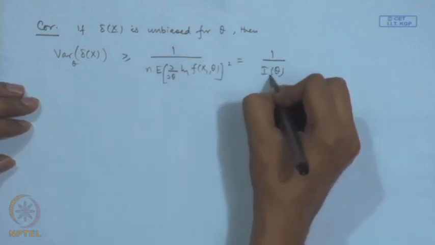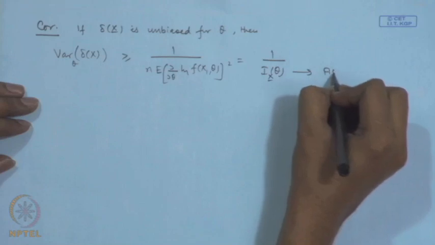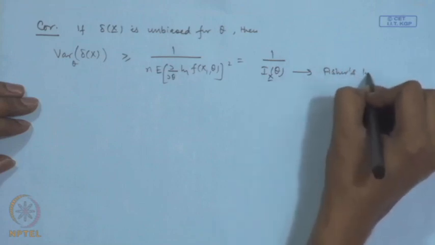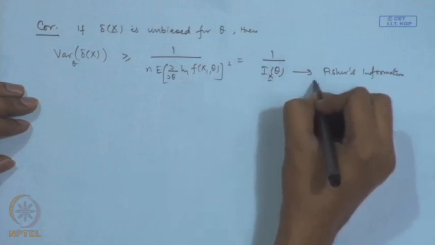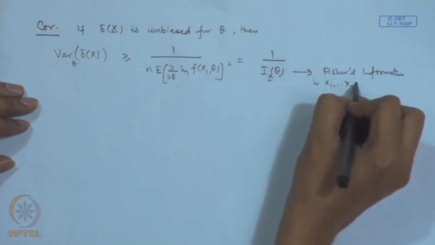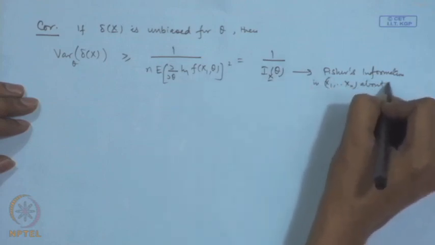This term, as I have defined, is Fisher's information in x 1, x 2, x n about theta.